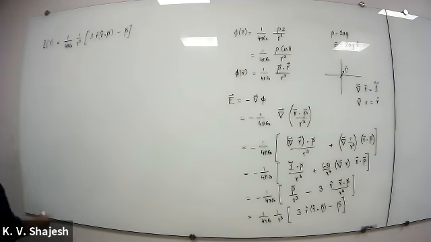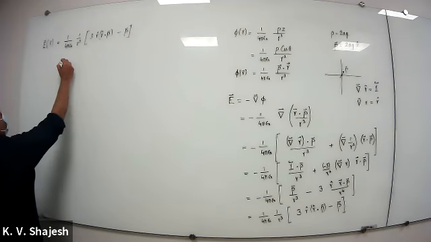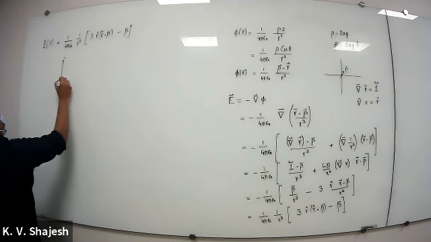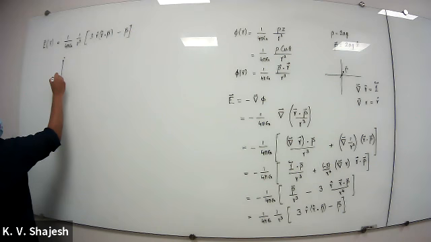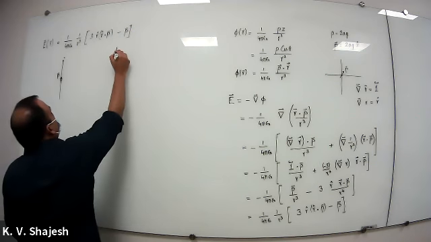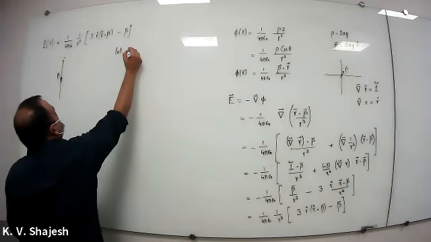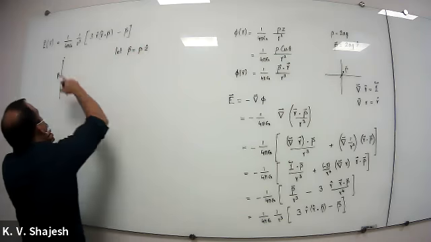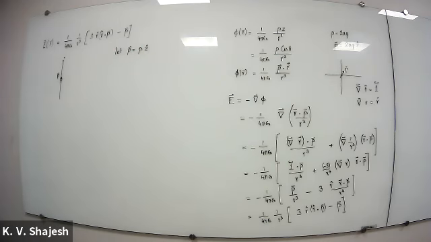So let's consider a special scenario. Let's say that's your Z axis. That's your origin, and let's say the electric dipole is sitting here. That's your origin, and that's your P. Let P be equal to P times z hat, so it's in the z hat direction.